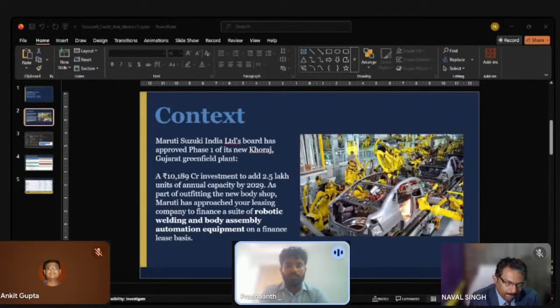But the mitigant here is Maruti Suzuki will be obligated to pay their lease rental regardless of plant readiness. The only risk for which the mitigants might not be 100% sufficient is the repossession and the obsolescence risk that we'll be facing after the equipment comes back to us.